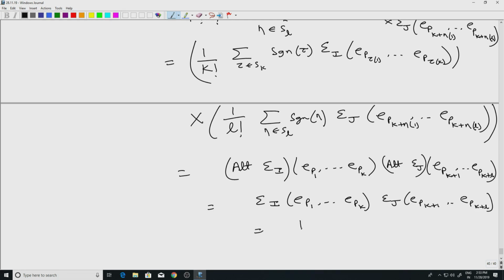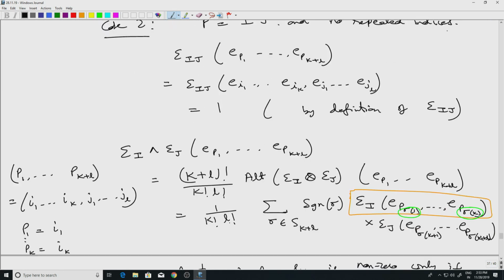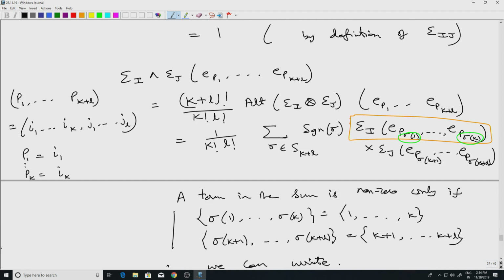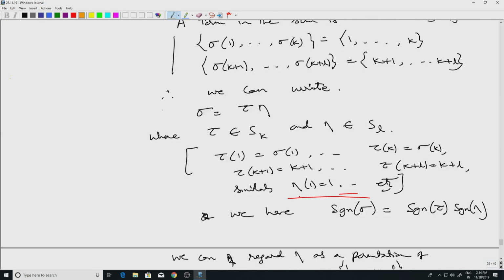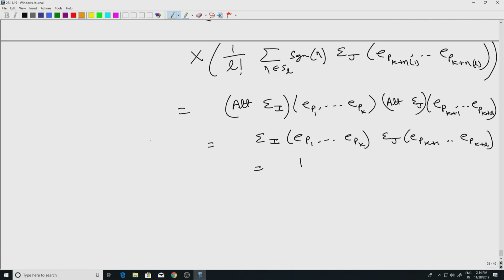This is 1, and likewise the second term is also 1. Because of the assumption that P is a concatenation of these two index sets, both these terms will give me 1, and therefore case 1 is done.